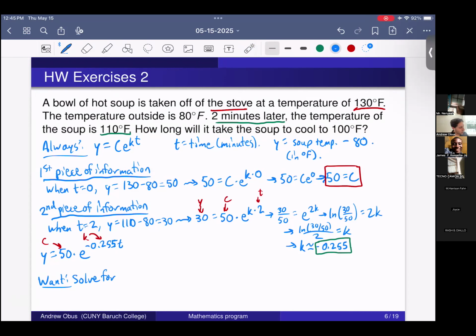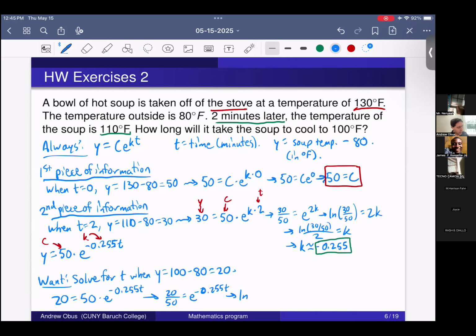So we want to solve for t when y is equal to 100 degrees Fahrenheit. So we take 100 minus the outside temperature, which is 80, and that gives 20. So we get 20 equals 50 times e to the minus 0.255t. That tells us that 20 over 50 equals e to the minus 0.255t.